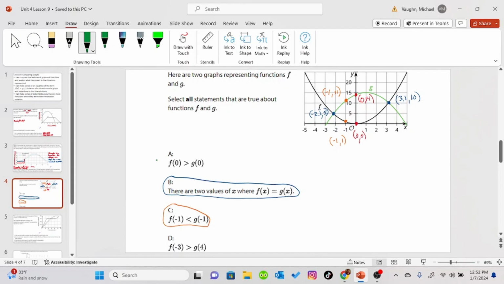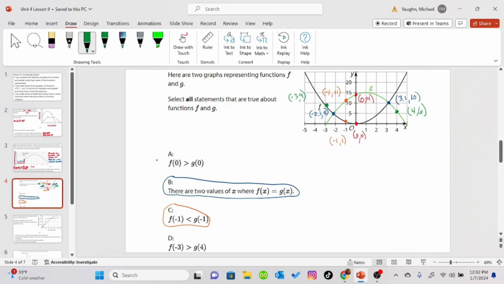And finally, D. The function f at negative 3, which is this point here at (-3, 9), is greater than g when x is 4, which is here at the point (4, 6).